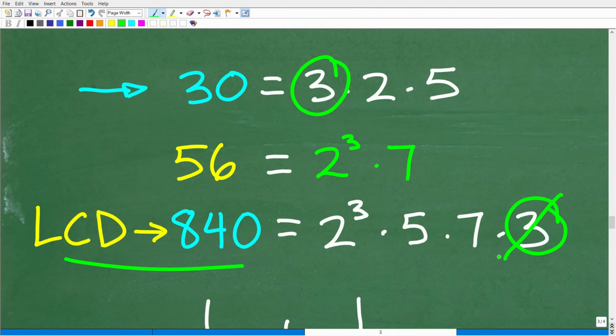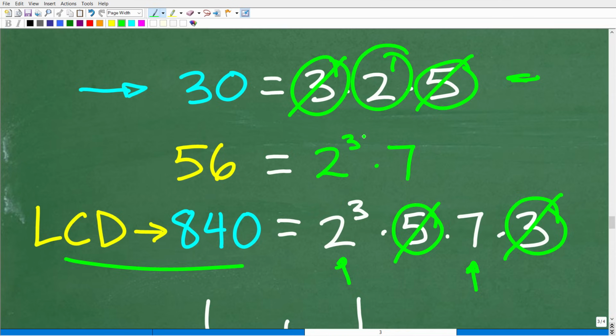How about 5? Yes, I have a 5 already in my LCD. So the other number we're considering doesn't have to have these factors, because they're already represented in the 30. But what is missing? The 30 does not have a 7 and it does not have a 2 cubed. We need those factors because they are part of the LCD. Even though 30 has 2 to the first, we need a 2 cubed and we need a 7.